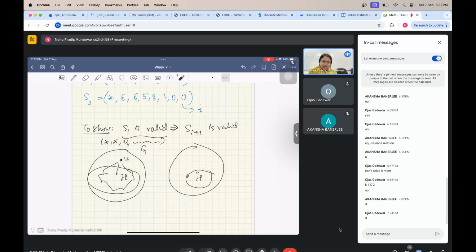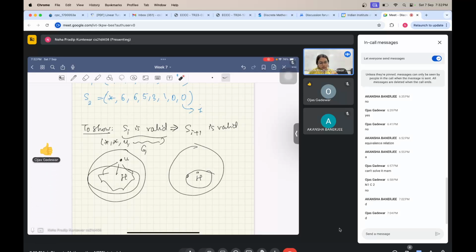You're just deleting a vertex and all the edges that are incident on it, and Si plus 1 is just the sequence of the remaining graph that you have. So since deletion is an operation that gives you a graph, therefore this sequence is going to be valid. So does this make sense?